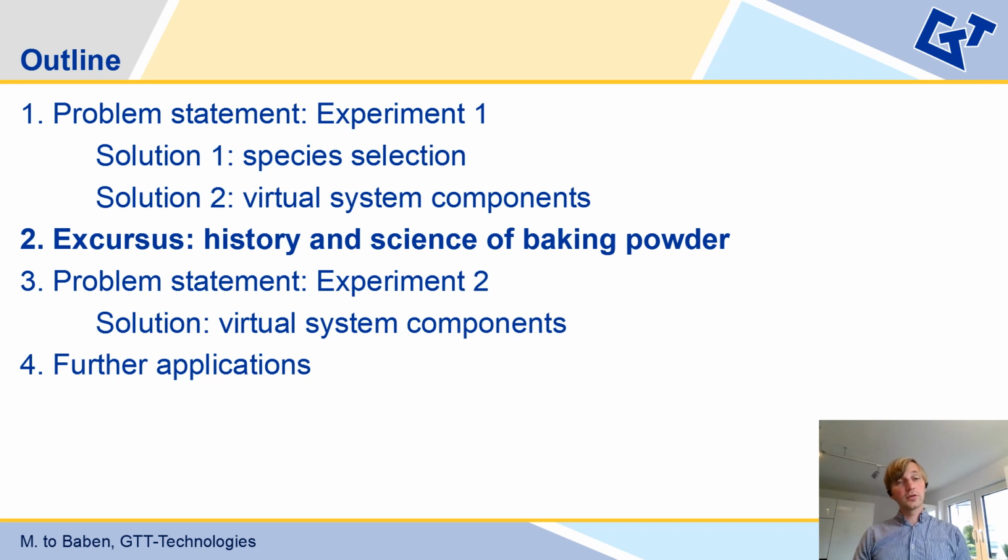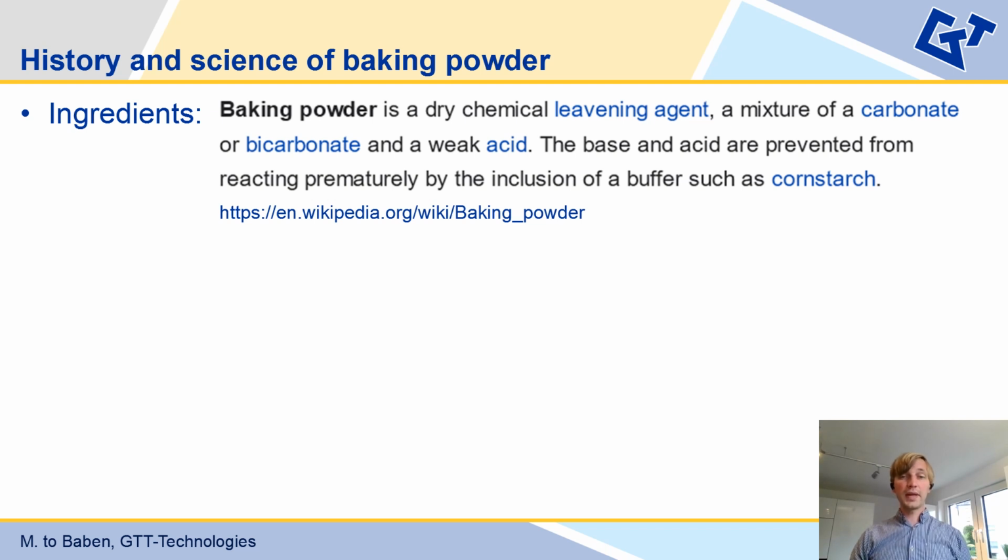Okay, now let us go to a short excursus on the history and science of baking powder. Baking powder consists of mainly 3 ingredients. We have a bicarbonate usually, we have a weak acid, and we have a buffer like cornstarch, which is also used in the baking powder I have here.